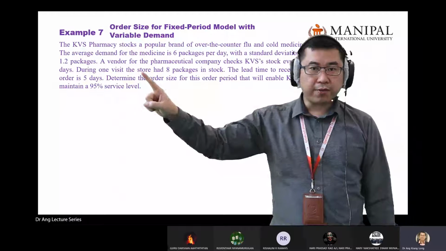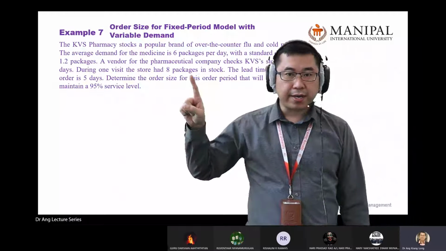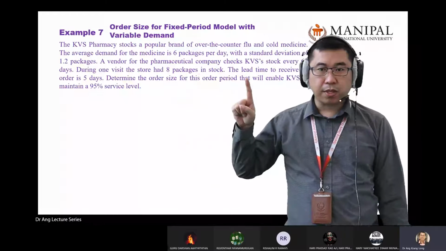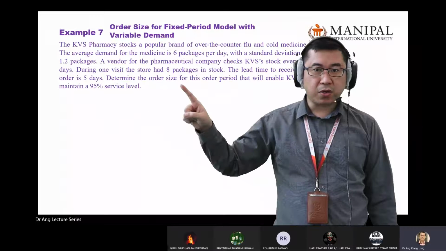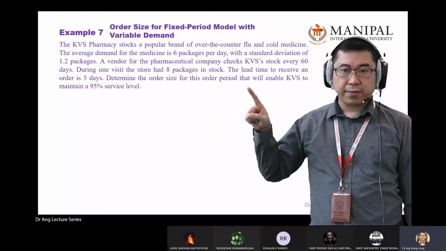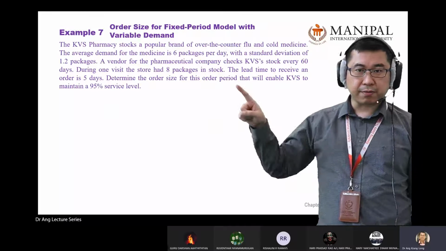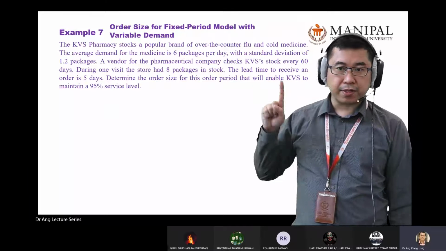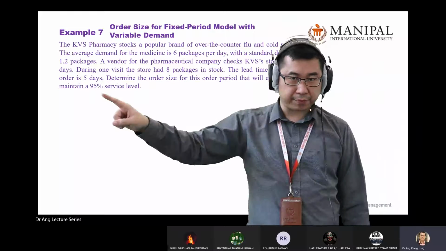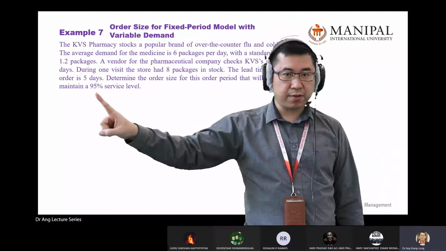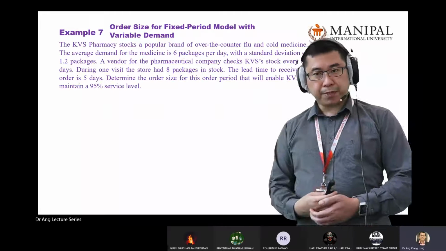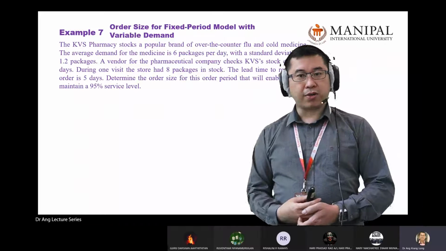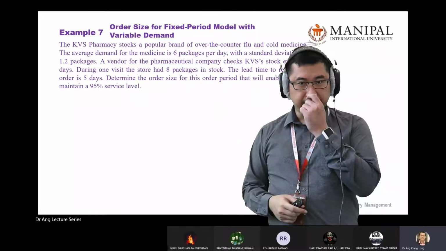So during one visit, the store had 8 packets in the store. The lead time to receive an order is 5 days. Determine the order size for this period that will enable the pharmacist to maintain a service level of 95%.